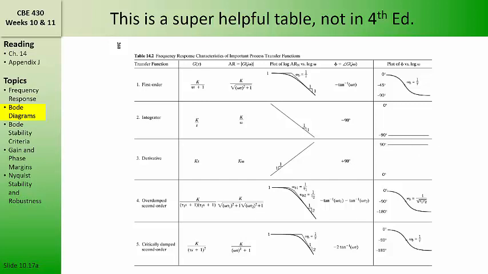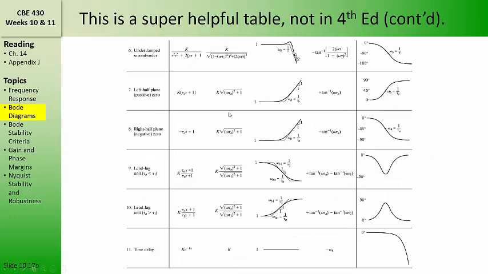Table 14.2 continues and includes the underdamped second order transfer function, the left half plane 0, the right half plane 0, a lead lag element where the numerator time constant is less than the denominator time constant, and a lead lag element where the numerator time constant is greater than the denominator time constant. It also shows the frequency response for the time delay.